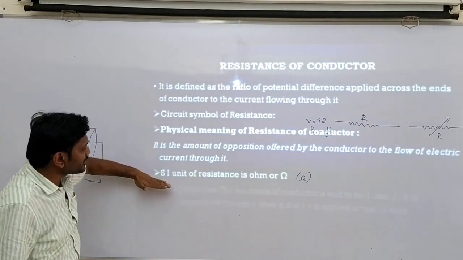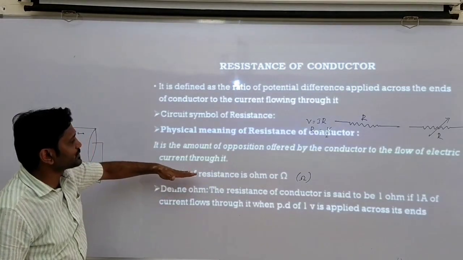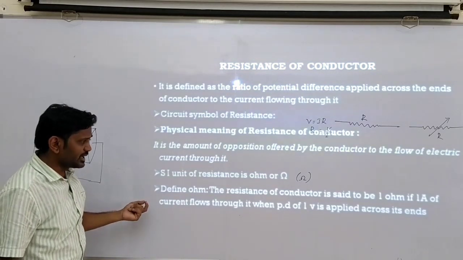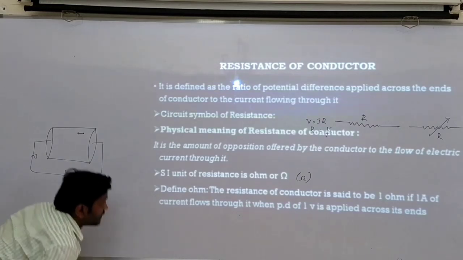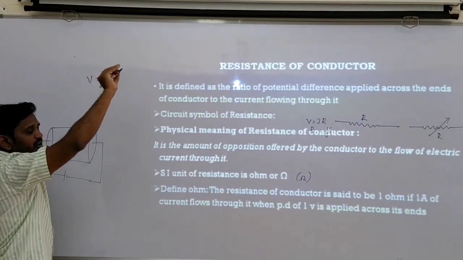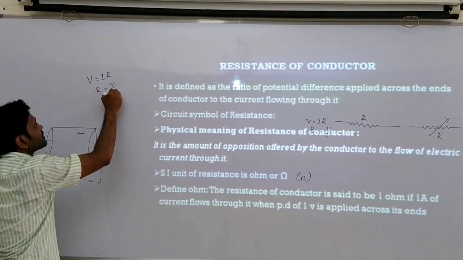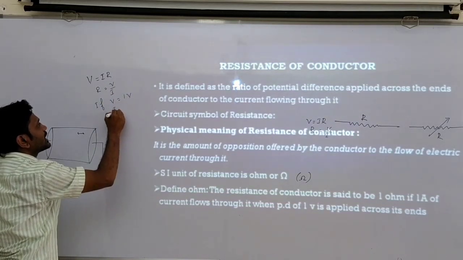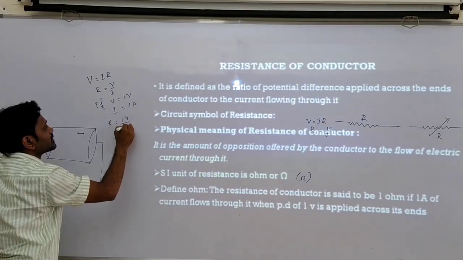Then how can we define the resistance of the material as 1 ohm? Already we know Ohm's law, that is V is equal to IR, or R is equal to V divided by I. If V is equal to 1 volt and I is equal to 1 amp, then R is equal to 1 volt divided by 1 amp.